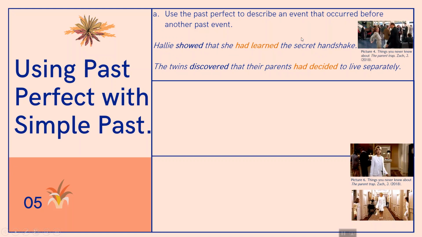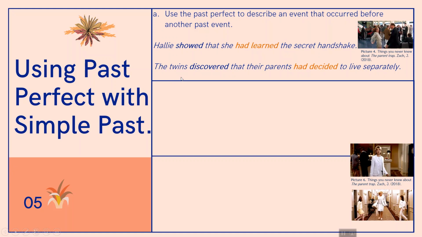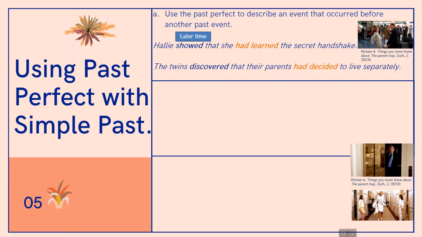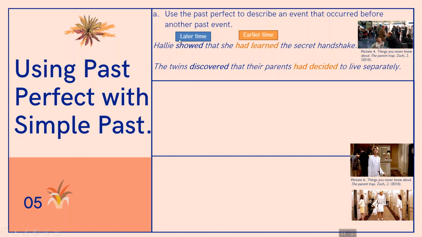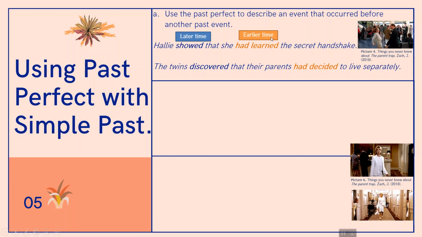First, she learned the secret handshake and later she showed it, okay? Now, the twins discovered that their parents had decided to live separately, okay? So here we're talking about two different events. With the simple past, we are talking about the later time, and with the past perfect, we're talking about the earlier time, the first event, okay?